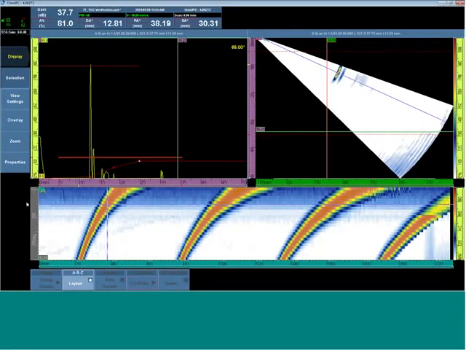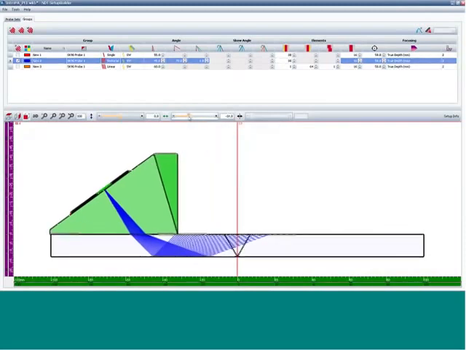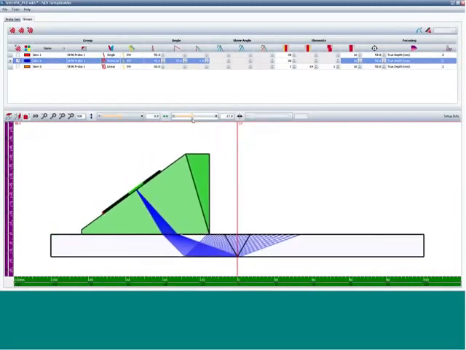It allows us to visualize many things at one time, including many A-scans, many angles. But it all comes back to this same A-scan. So in our sector scan, we want to find the position of the probe and position the aperture appropriately in the probe so that we can cover our component.